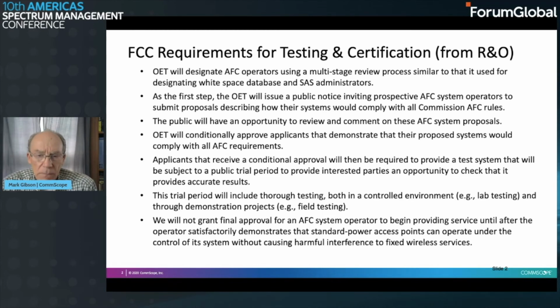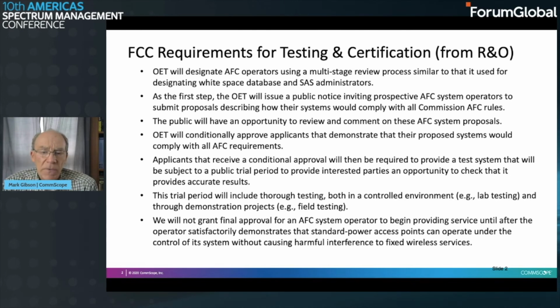So we're getting ready to meet with the commission to talk more detail about how this is going to happen. But at a high level, the commission has said in the report and order that they'll designate AFC operators using this thing called a multi-stage process, similar to what they did for TV Whitespace and CBRS SAS. And many of us have been through that and understand that. They were very different for those two. So it's really hard to figure out what's going to happen with AFC.